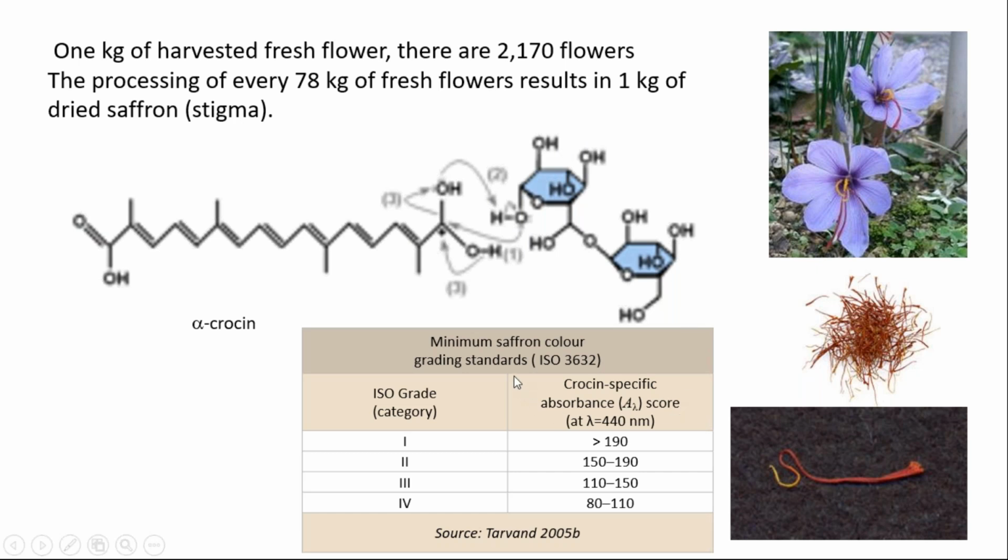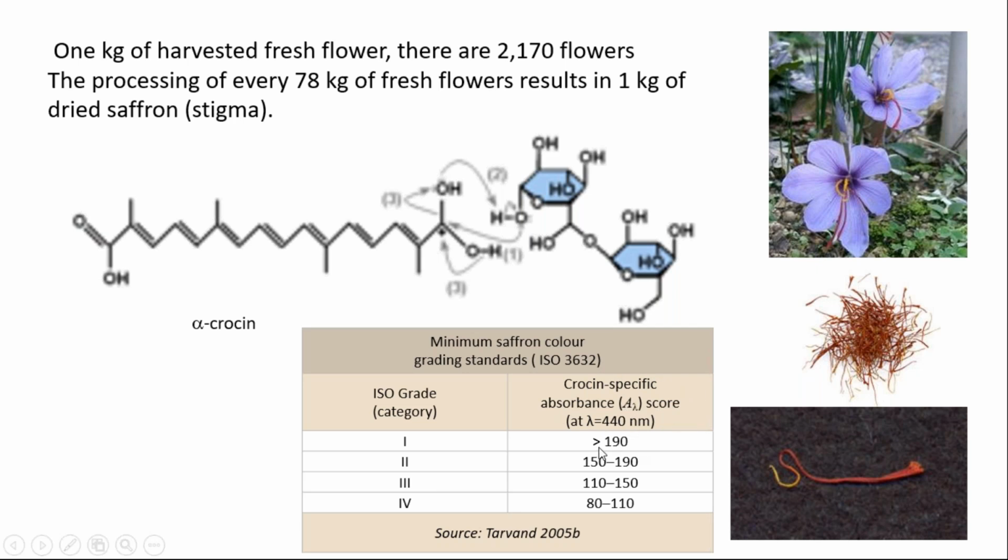According to ISO, you have standards for saffron, and you have 4 grades, 1, 2, 3, and 4. This is given by the lambda max, the crocin-specific absorbance at 440 nanometers.